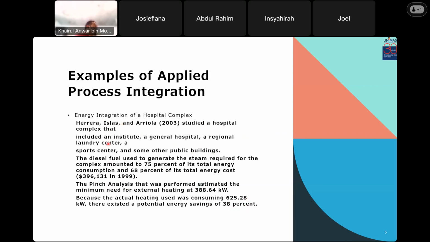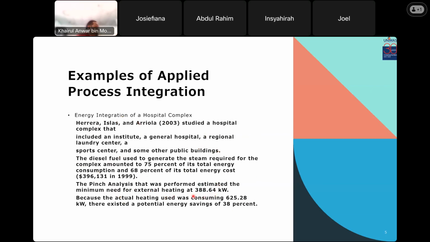So when they do the pinch analysis, we know of the three methods to do this analysis. Limiting composite curve, cascade analysis, or source and demand. So all of these methods are to determine the minimum external heating for this case hospital.